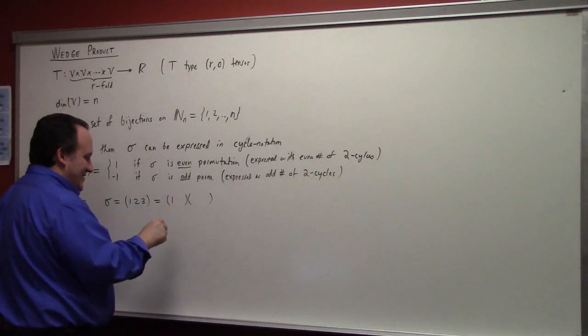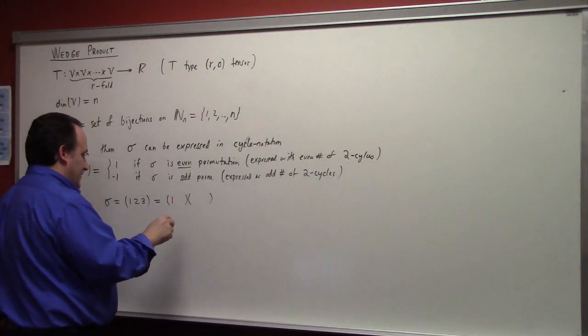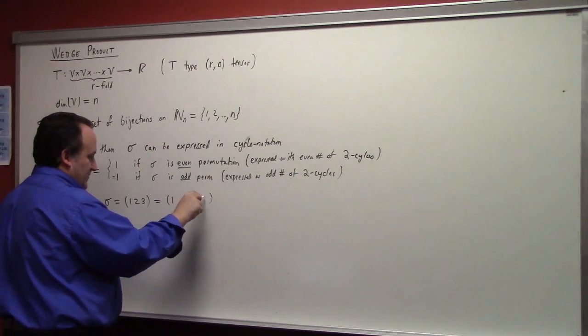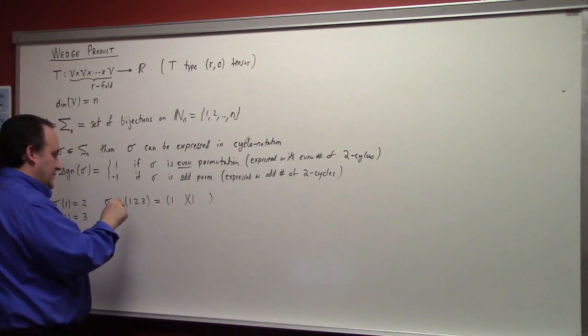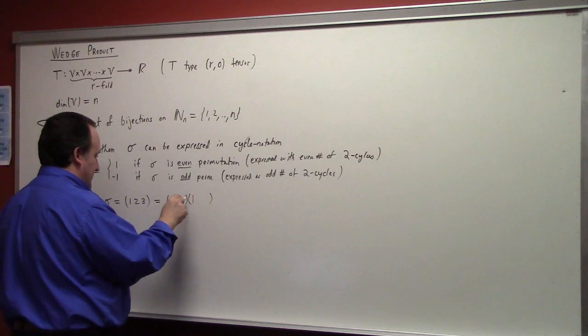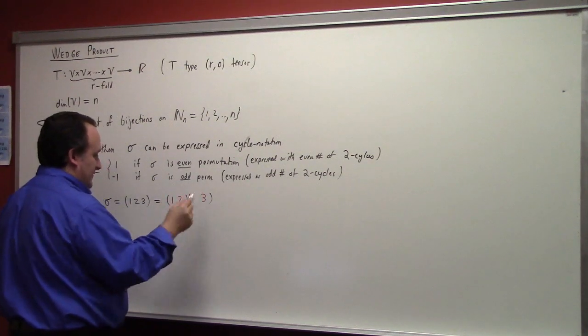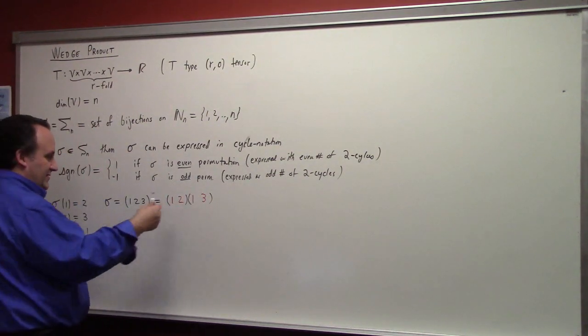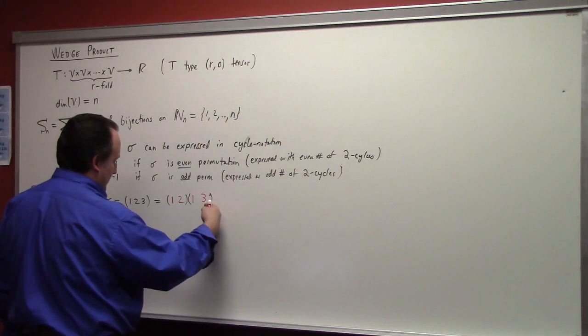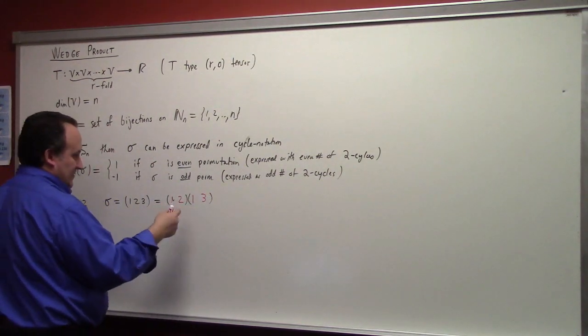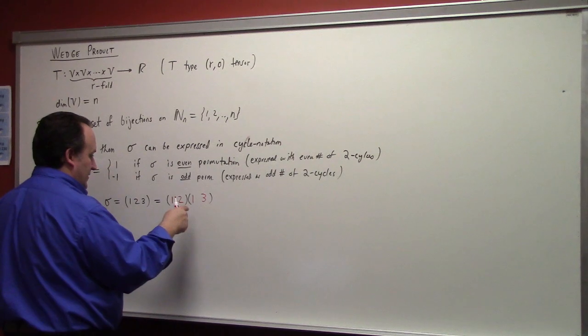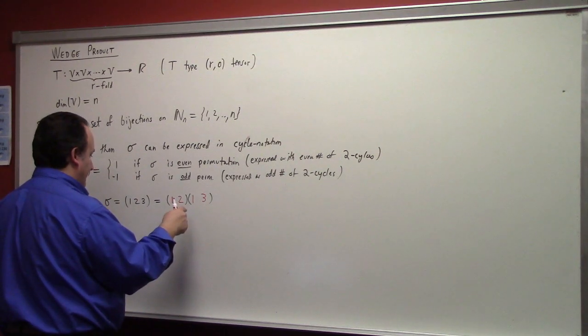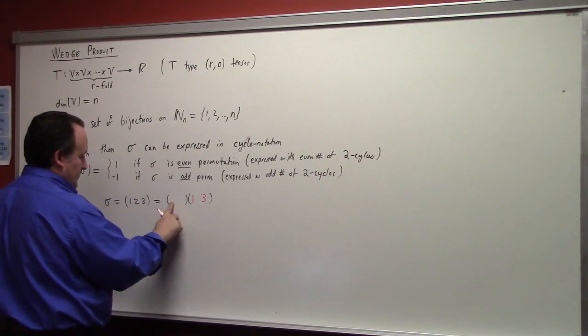So 1. All right, so 1. I'm trying to remember how it goes. Let me just try something, see if that works. It may not work, but this makes 1 go to 3. No, that's not what I want. Let's try this again.